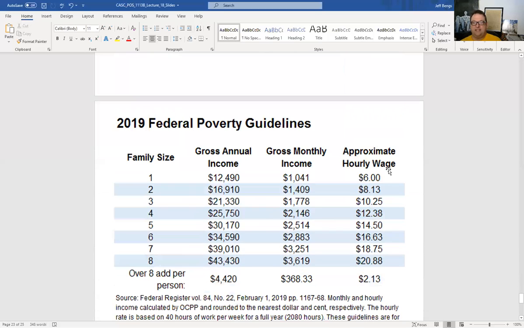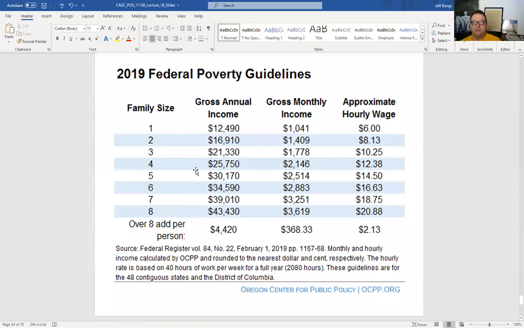The 2019 levels are a tad higher. A husband and wife married today, or let's say a husband and wife were married last January 2019.